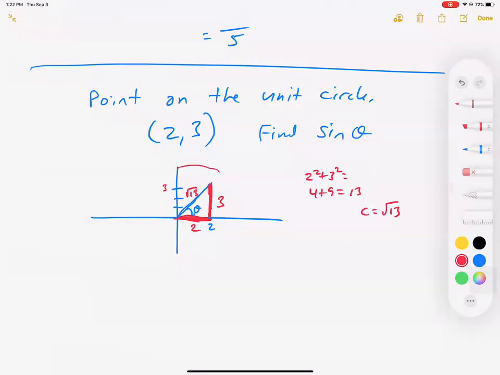Looking at this triangle, what is the sine of theta? Remember, sine is opposite over hypotenuse. So the sine is opposite of 3, hypotenuse is 2.